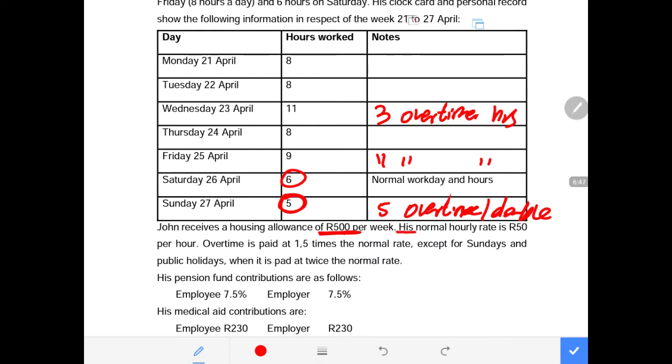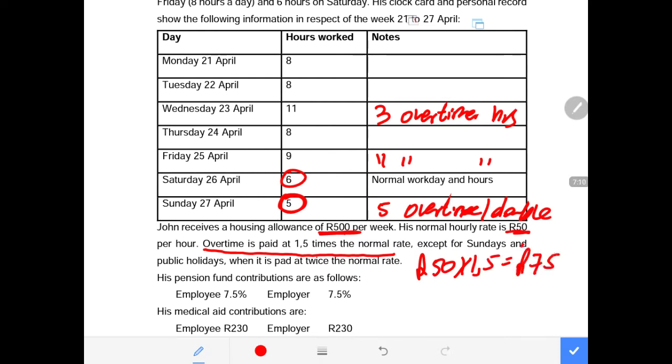Then it says his normal hourly rate is 50 rand per hour. That means this employee gets paid 50 rand per hour. Overtime is paid 1.5 times the normal rate. That means if the employee has worked overtime, it will be 50 rand times 1.5, which gives us 75 rand.